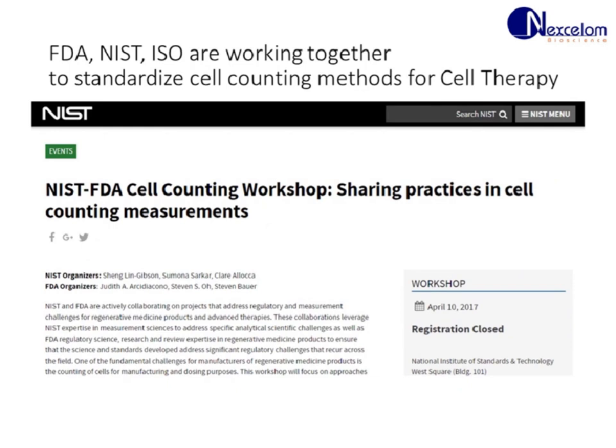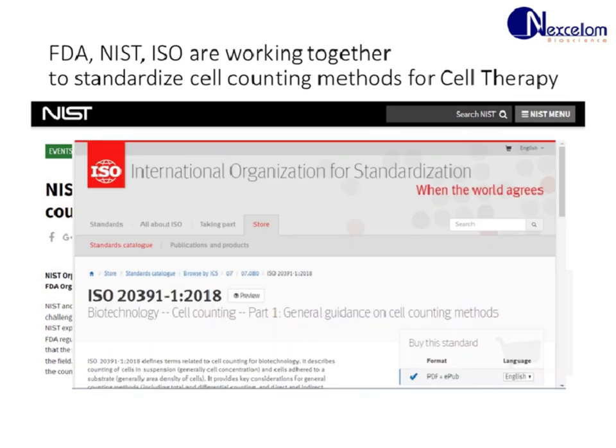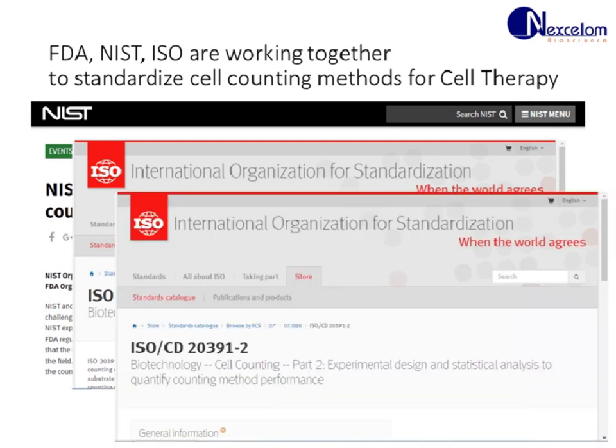FDA, NIST, and ISO are all working together to standardize cell counting methods for cell therapy. They have put together different cell counting workshops to share practices in cell counting measurements, as well as putting together ISO standards for cell counting. Part 1 and Part 2 have already been released, and they're also currently working on multiple parts that would improve cell counting methods for this particular field.